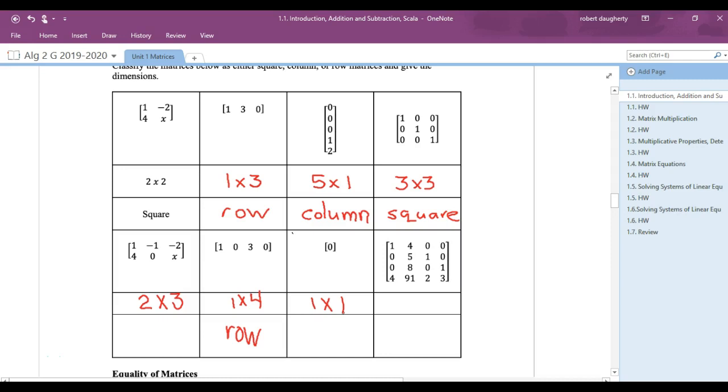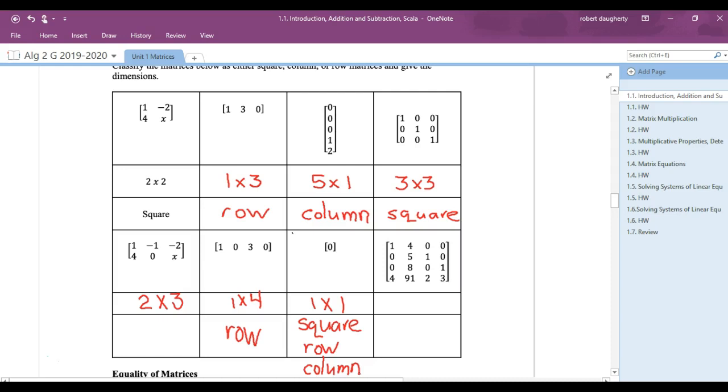This is a 1 by 1 matrix that only has one number in it, which is 0. I know that's a lot of wording, but it's a 1 by 1. So what kind of matrix is it? It is a square matrix. Anything else? It is a row matrix. Anything else? It is a column matrix. It meets all criteria, okay?